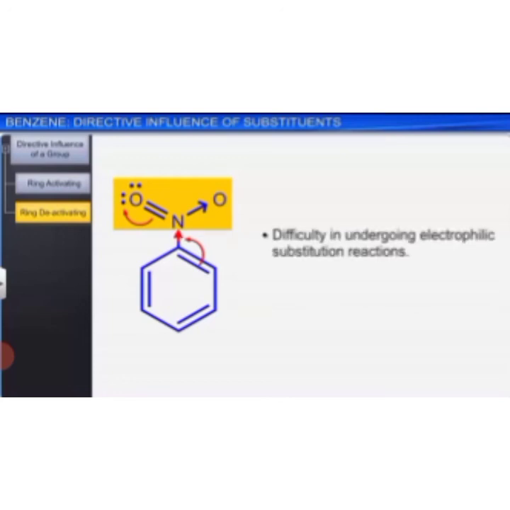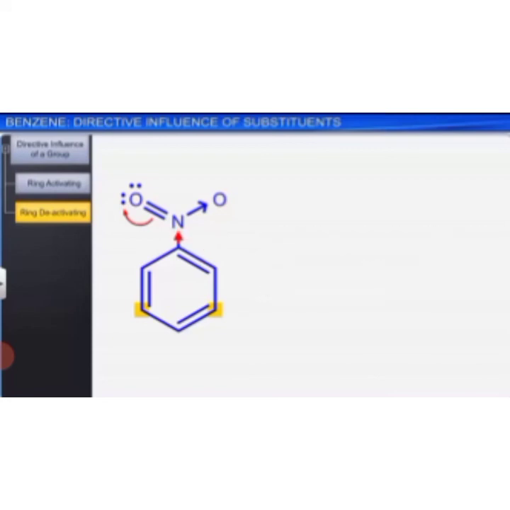Therefore, the ring is said to get deactivated. In the presence of the nitro group, the electron density at meta position is comparatively higher than the electron density at other positions, and thus the incoming electrophile is directed to the meta position.